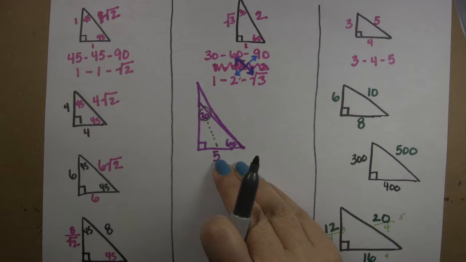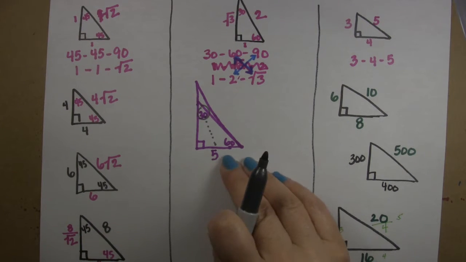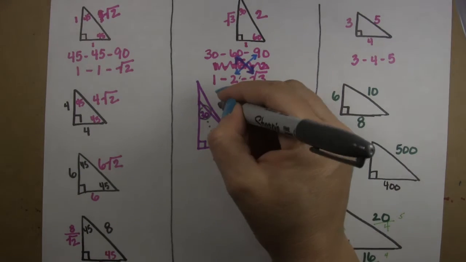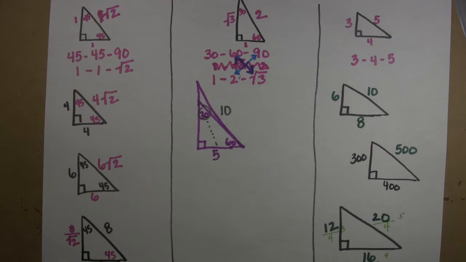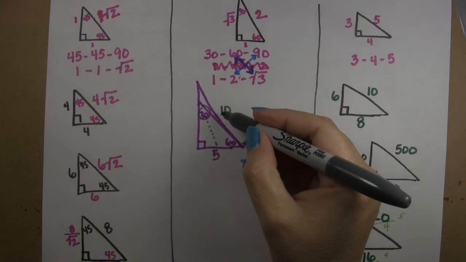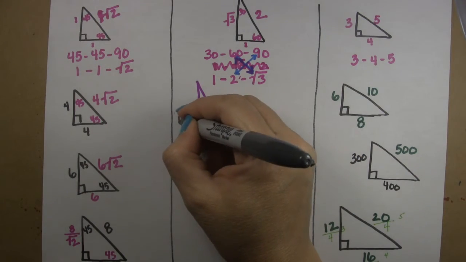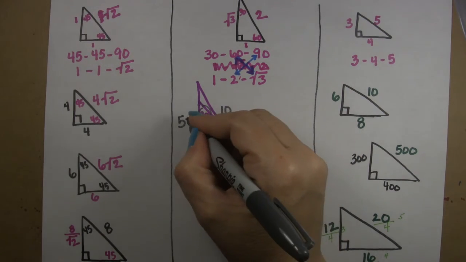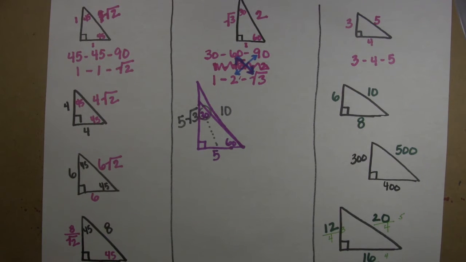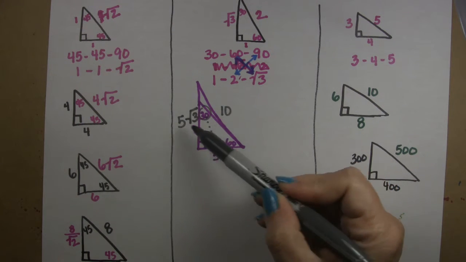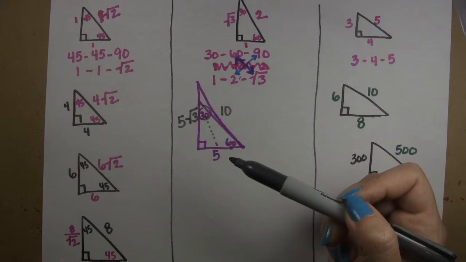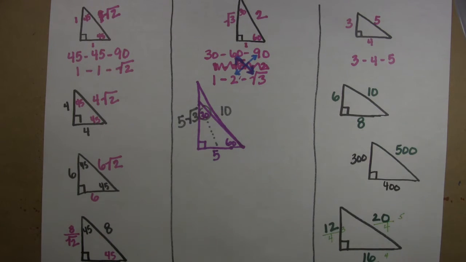You find the smallest side, which is 5, and then you use that to calculate your hypotenuse, which is twice that, or 10. And then you come over here and you put this number again, and you plop a root 3 after it. So we have 5, we double it to get the hypotenuse, and we plunk a root 3 at the end to get the other leg.